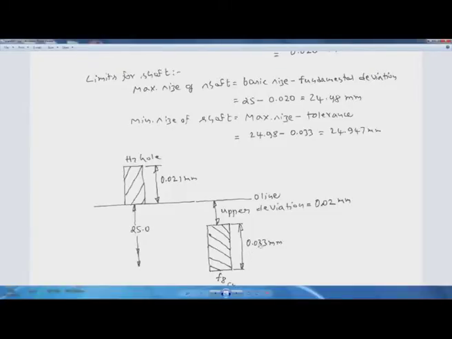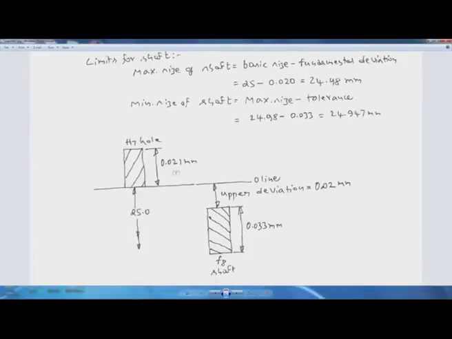When we deduct this upper deviation from the basic size, we get the upper limit for the shaft, that is 24.98 millimeter. In order to find the minimum size of the shaft, we have to deduct the tolerance value for the shaft from the maximum size of the shaft, which gives us 24.947 millimeter.